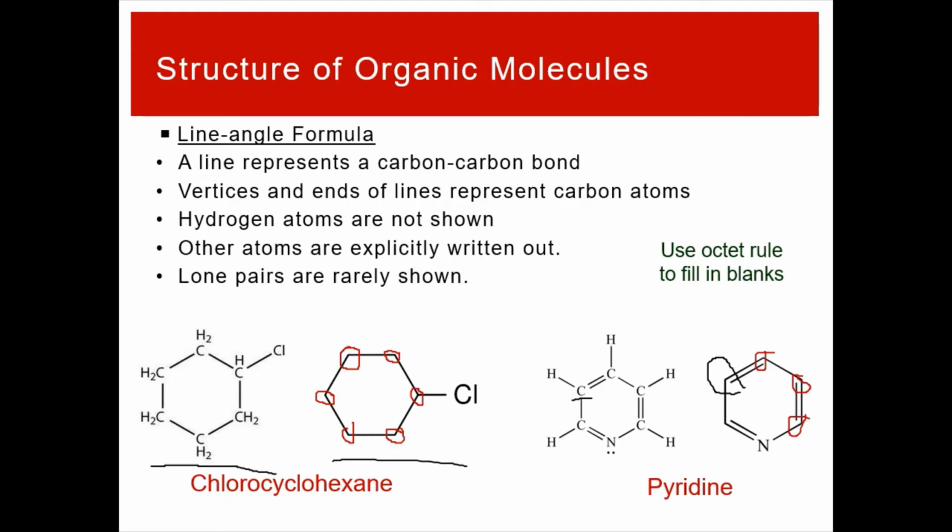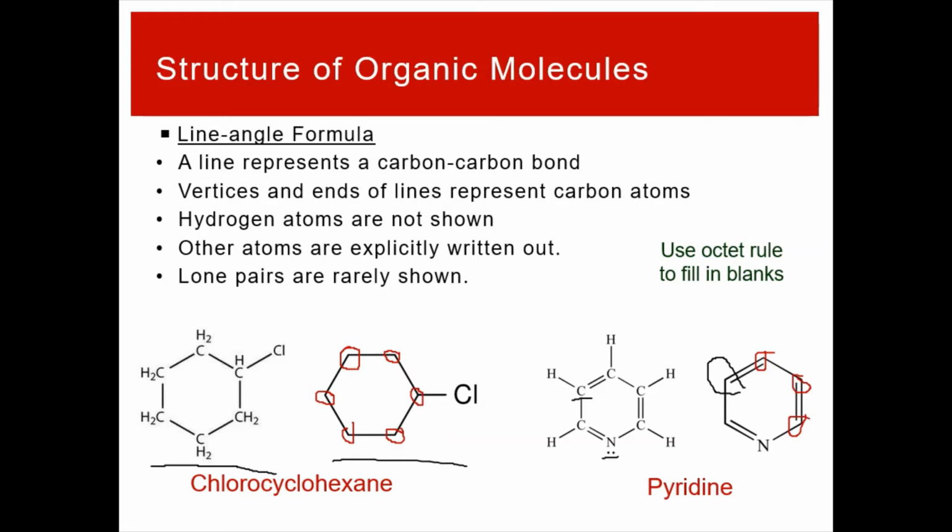It is implied that you would need as many hydrogen atoms or lone pairs to complete the octets of each of your atoms. So you don't need to write any explicit representation of those hydrogen atoms and lone pairs, because whoever's looking at the molecule can figure out what needs to be there for everything to have an octet. We're going to follow those rules.